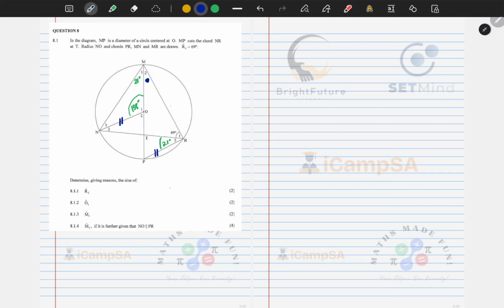Great. Now, before we even delve into answering that question, I'm gonna take you to grade 9. I think it's grade 9 or 10 mathematics. So if two lines are parallel, what do we know about their alternate angles? Their alternate angles are going to be equal, right? So that means that this angle, which is angle R2, is going to be equals to angle N2, right?